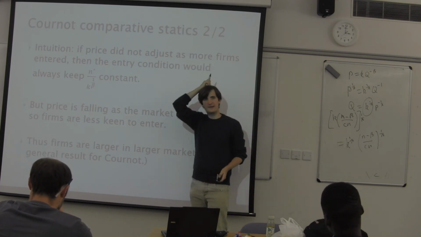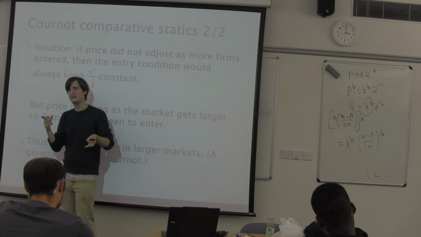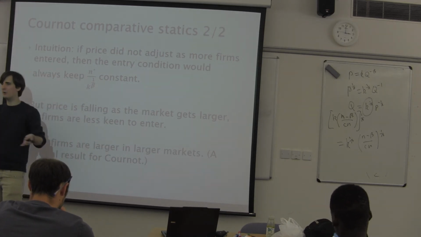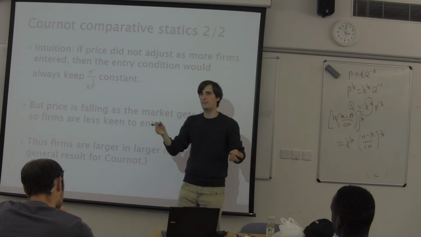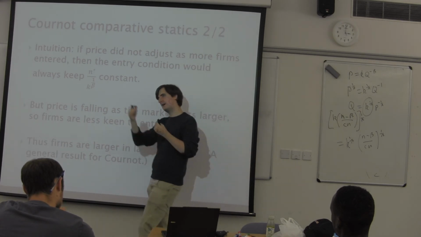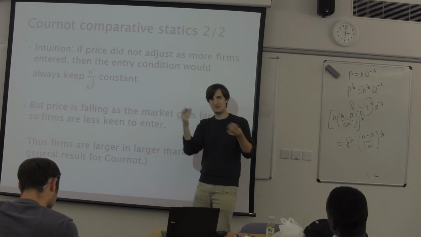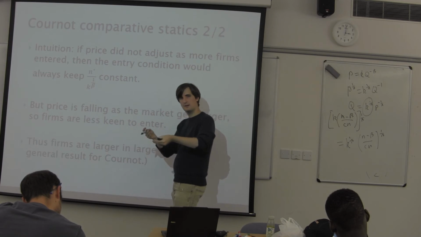And the intuition is the following. If the price didn't change as more firms entered, then as the size of the market increased, the number of firms would increase proportionally. But in fact, the price does change as the size of the market increases. As the size of the market increases, more firms enter. As more firms enter, there's more competition in the industry. Price gets pushed closer to marginal cost.